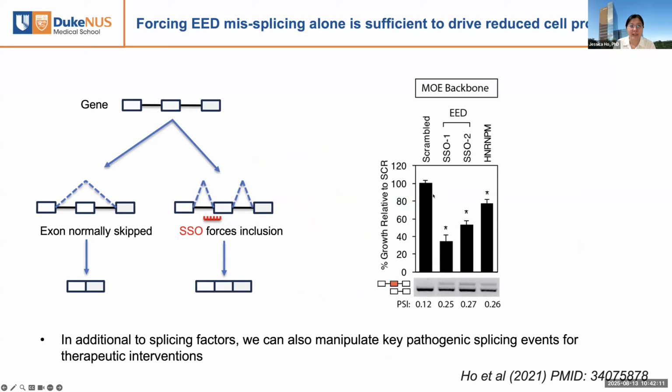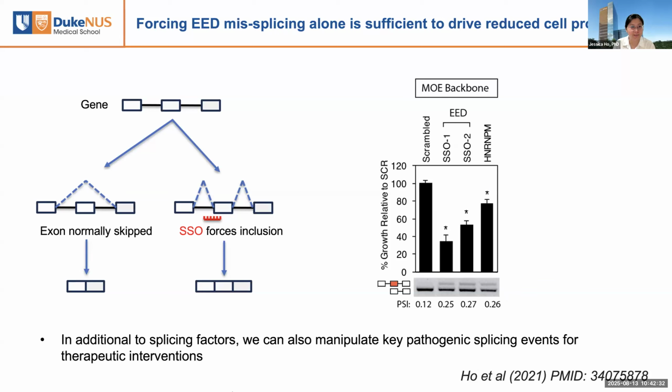Compared to the scrambled treated cells, they have 50% and 40% reduction in growth. Similarly, you see that the HNRNPM SSO also achieved knockdown of the growth.